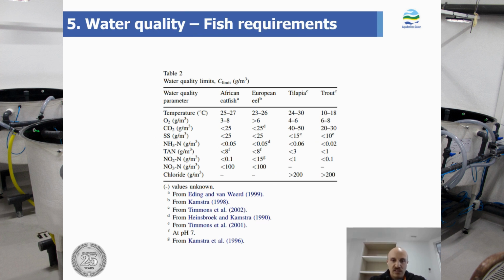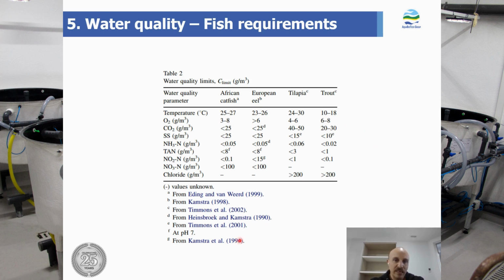Every fish is different, and every fish has slightly different requirements when it comes to water quality. Some of them may be similar, but they are not always the same. So we always have to understand the biology of our species and understand what the requirements of our species are.